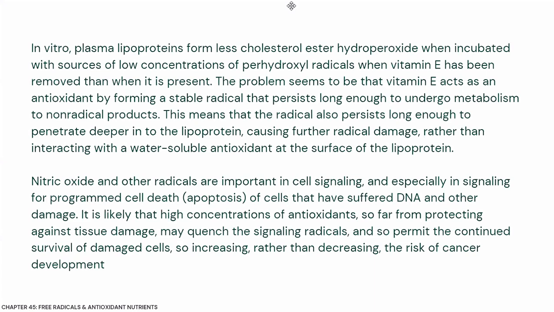All right. Now here is nitric oxide. And other radicals are important in cell signaling. So there's another function of nitric oxide aside from it being a vasodilator.